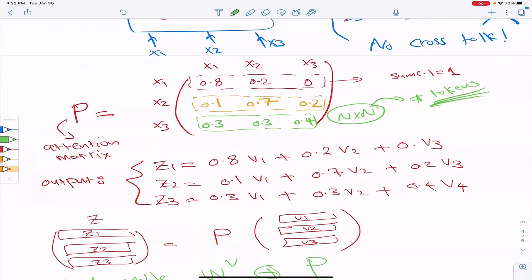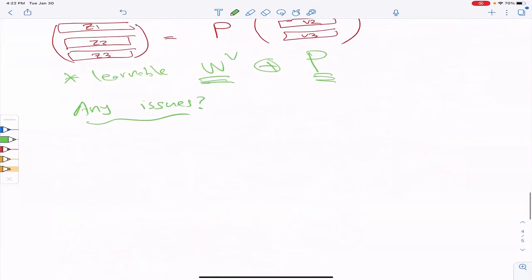Just imagine that you are handling maybe 10,000 words. That's not even huge. Then if your n is 10,000, P has roughly 10 to the 8 parameters, 10,000 squared. So that is one issue to learn such a matrix.